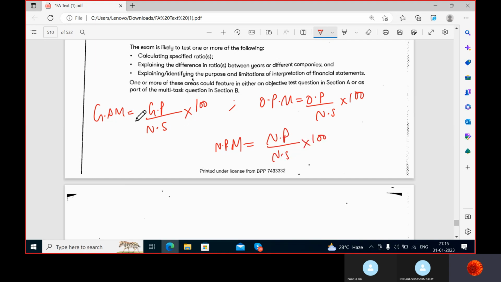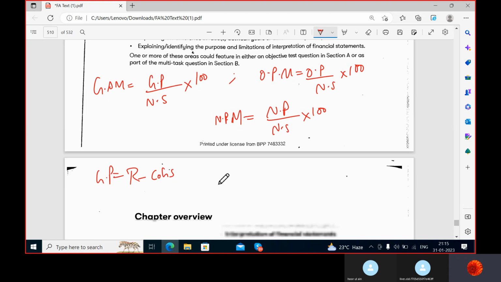And you know very well how to find out all these profits. Gross profit is revenue minus COGS. And operating profit is gross profit minus administrative, operating and selling and distribution expenses.